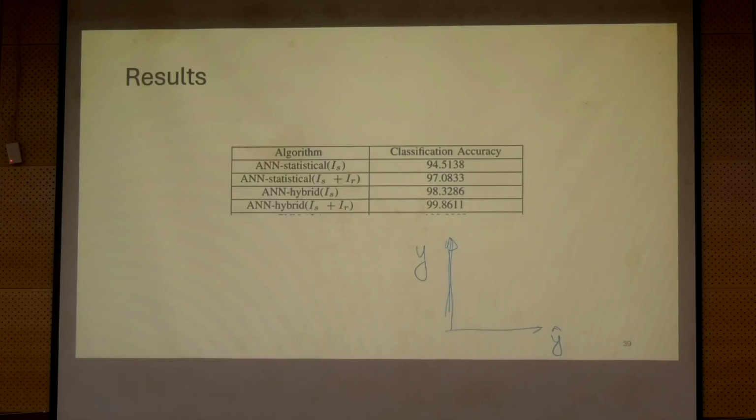If you have 100 data points, okay, your predicted matches the ground truth 90 times. And for 10 times, the predicted does not match the ground truth. Okay, so that is the idea.